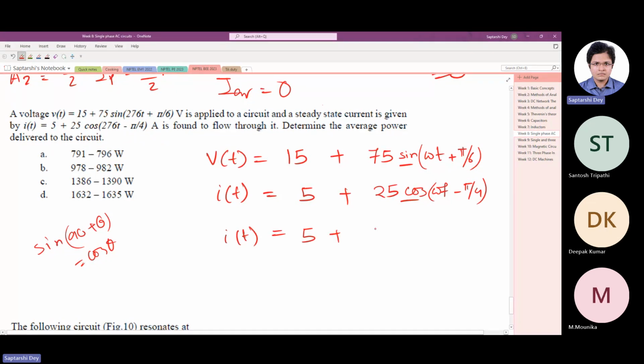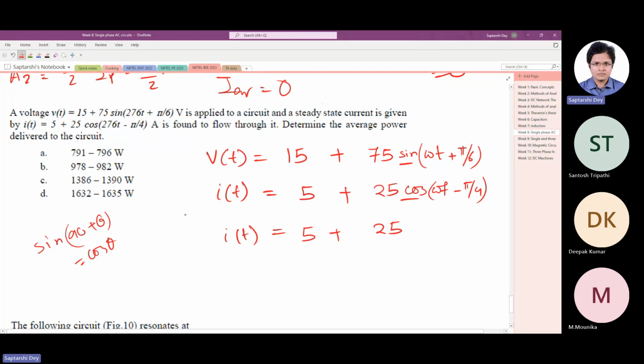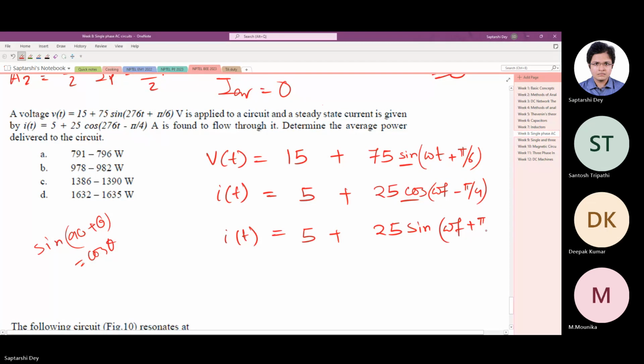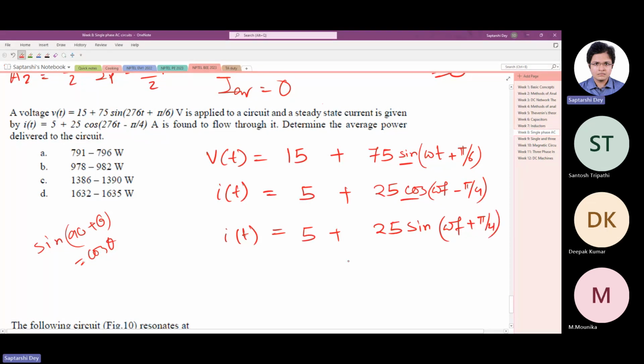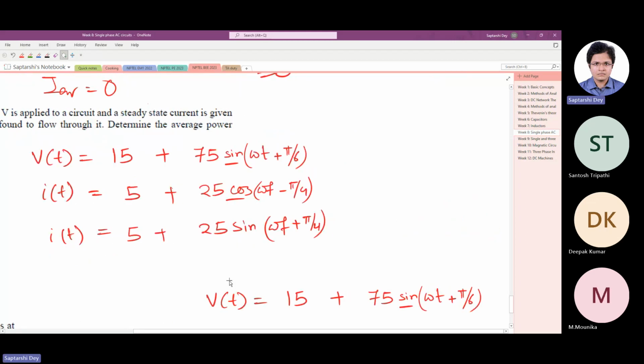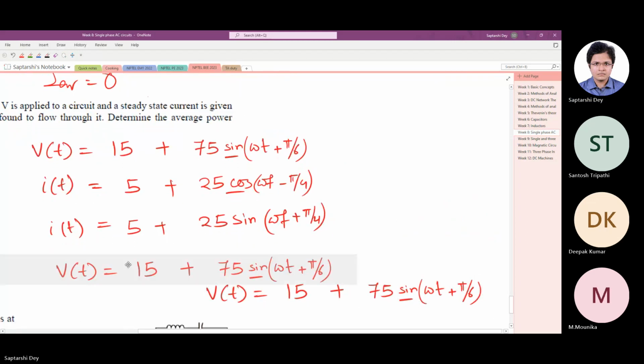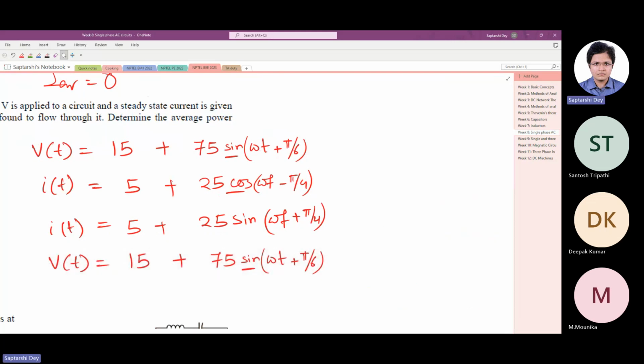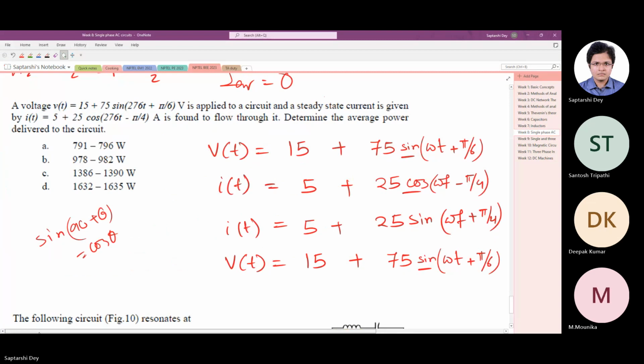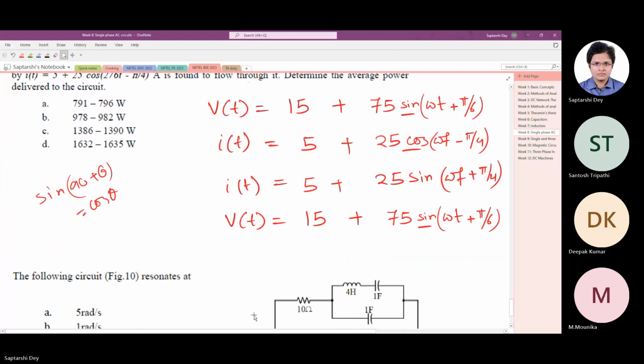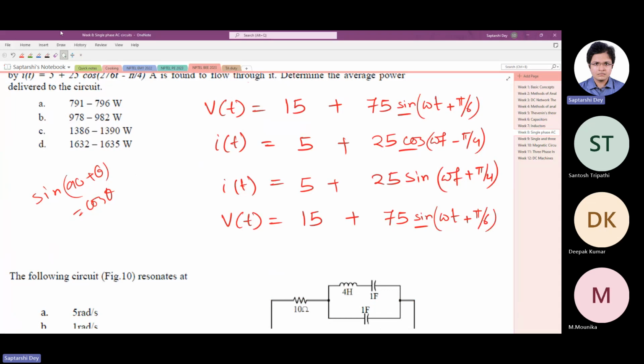So if we add 90 to this angle, it becomes 25 sin(omega t + ...). It was minus 45 degrees, plus 90 makes it 45 degrees. So this is what we have, currents and voltages.